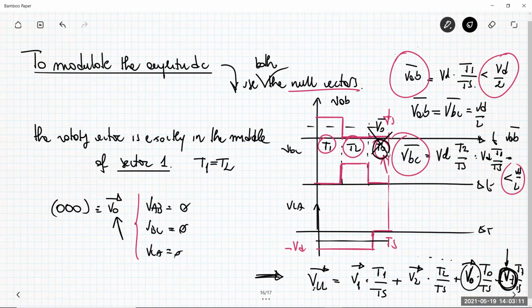So basically, you have the same output spectrum of the sinusoidal pulse width modulator. Remember F1, then we have a bunch of harmonics around Fs, intermodulation products, etc. But here you have the advantage that you can exploit symmetries in the Fourier transformation to reduce a little bit the harmonic content.